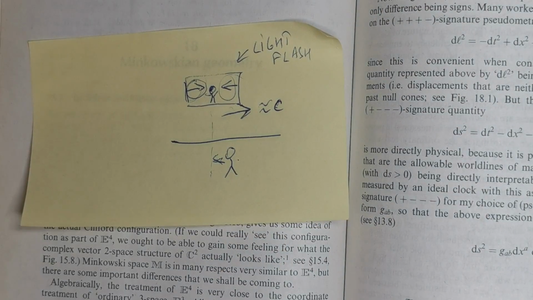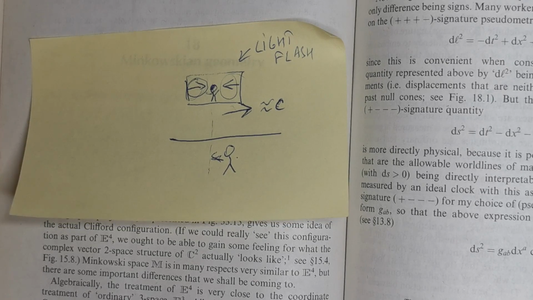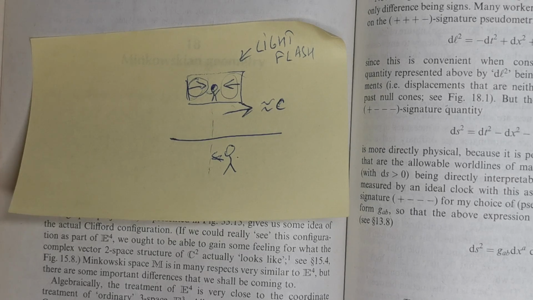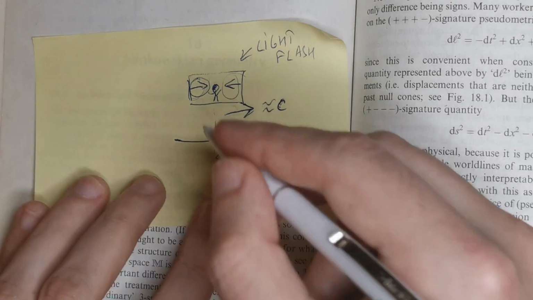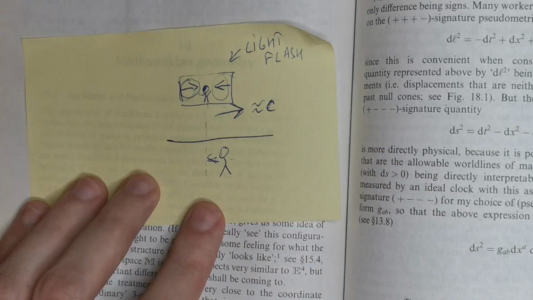And because of this, and also because the lights are equidistant from them, if we assert that the speed of light is fixed, then the person on the train will receive them in a time that's, what is it, d over c? Yep. Or I guess it would be d over 2c. Yeah, because of this center. d over 2c.